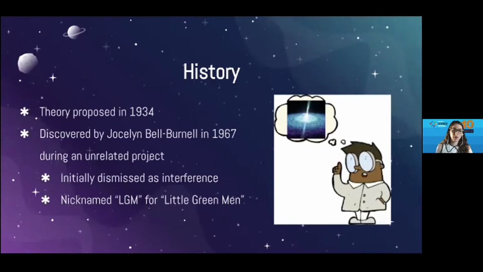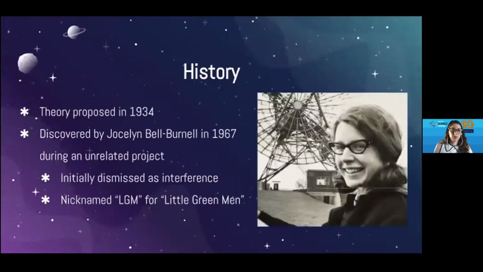So the theory of pulsars was first proposed in 1934 by astronomers Walter Baade and Fritz Zwicky. So they thought that exploding stars would probably leave a very small, very dense core behind them, consisting of particles called neutrons. But nobody had actually discovered these things until 1967, when Jocelyn Bell discovered them as a graduate student at Cambridge.